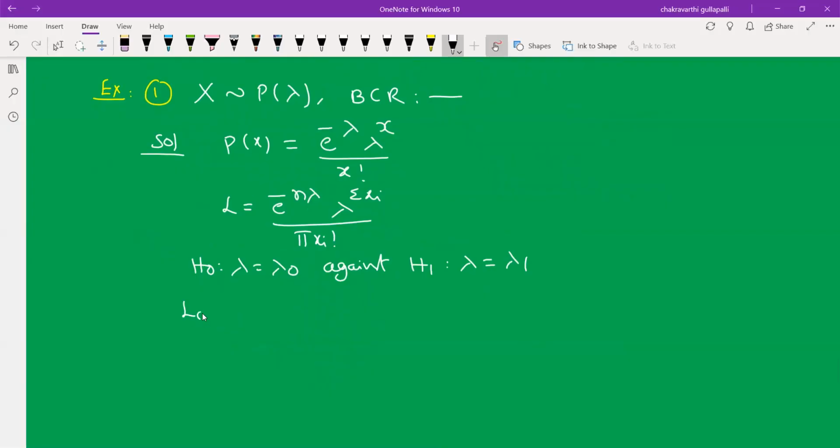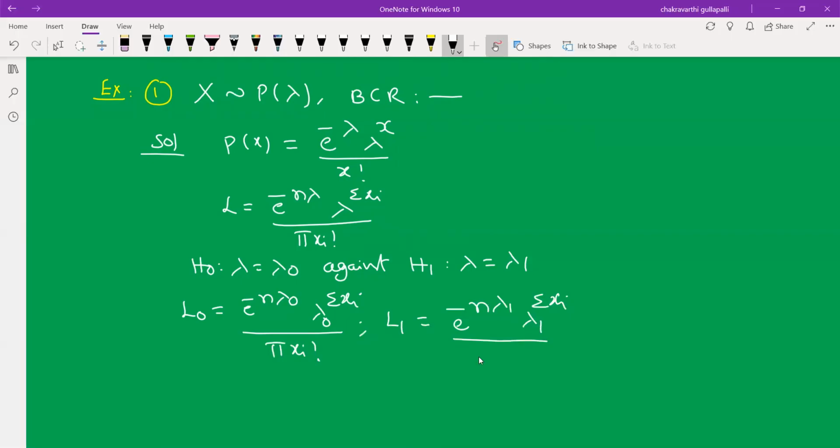L naught is e power minus n lambda naught; replace lambda by lambda naught in the likelihood function, so lambda naught whole power summation xi by product of xi factorial. L1 is equal to e power minus n lambda 1, lambda 1 power summation xi by product of xi factorial.